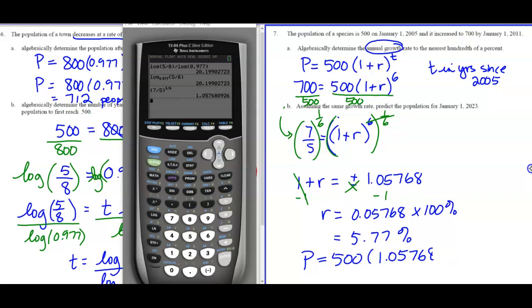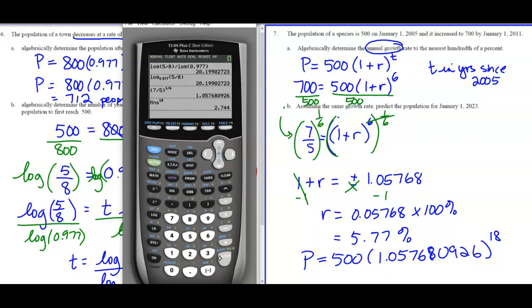So if it's still in your calculator, I take that, raise it to the exponent 18, because I haven't even subtracted 1 from it in my calculator.